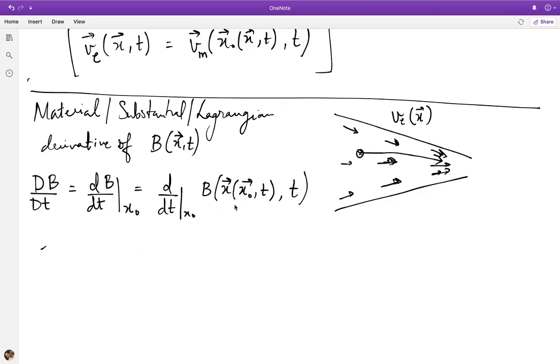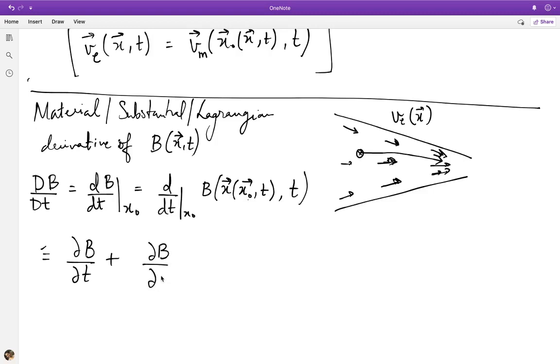And so now I can simply apply the chain rule of calculus. So firstly, let me operate the time derivative on the local dependence of B on t. What I get is that term, which comes from applying the derivative to this explicit time dependence. But now I have a time dependence that is implicit between the transformation mapping between x naught and x. So I also have the derivative of B with respect to the Eulerian x first.